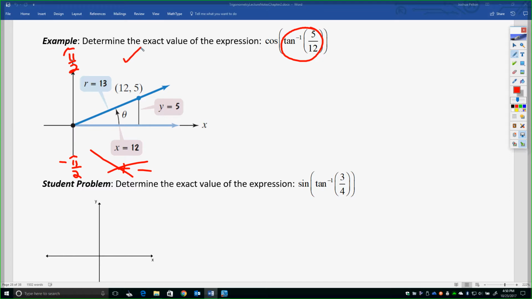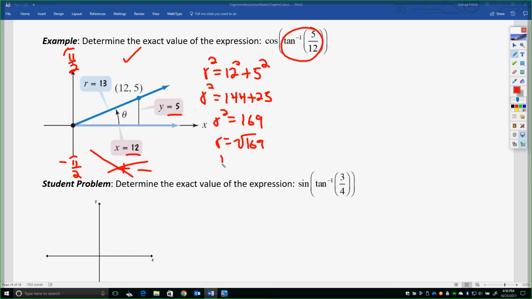And if I do tangent, that's opposite over adjacent. So the only thing I need to find now is the radius, or hypotenuse. So r squared equals 12 squared plus 5 squared, or r squared equals 144 plus 25, or r squared equals 169, or r equals the square root of 169, which is 13, okay, which is what I have here.